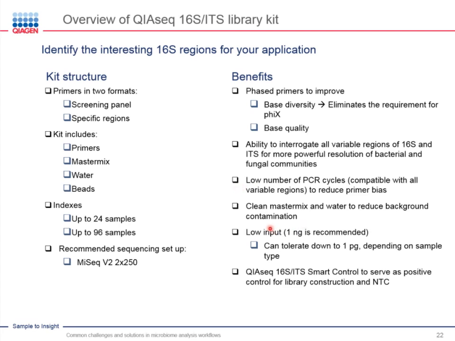For 1 nanogram of DNA, we're taking 12 cycles of 16S. When you go down to 1 picogram, you have 20 cycles. It works perfectly. In addition, we have a smart control in it, which you can amplify with the 16S primers. On the other side, it's an artificial system, so you can use it as your negative control for the sequencing results and as a positive control for your library construction.